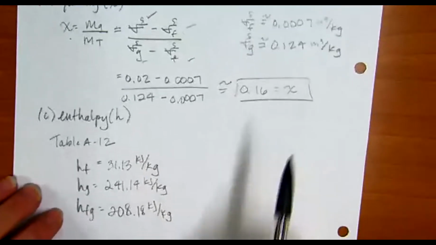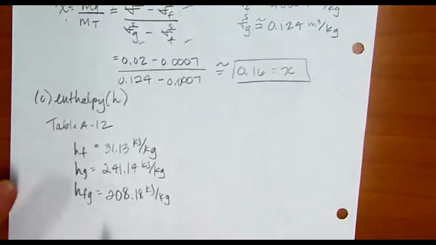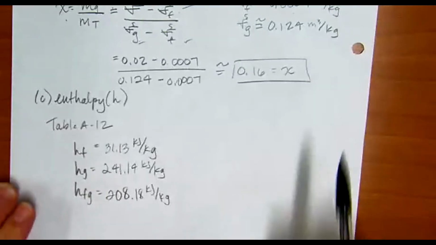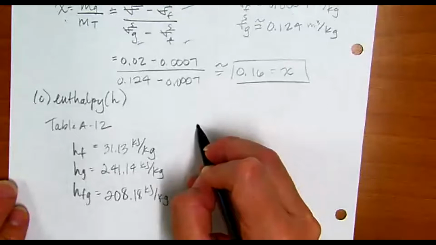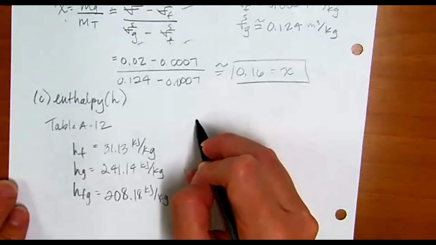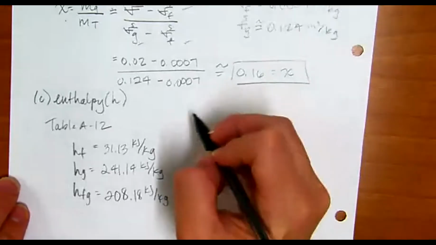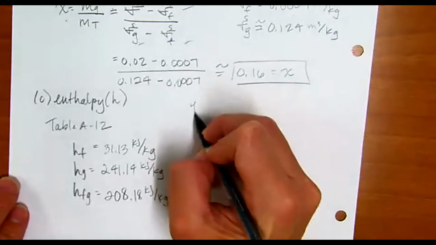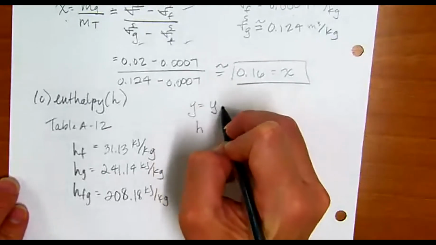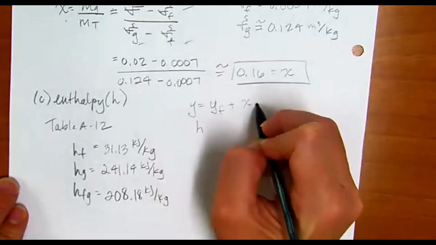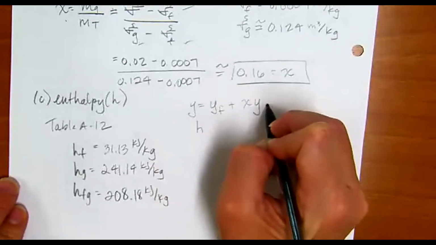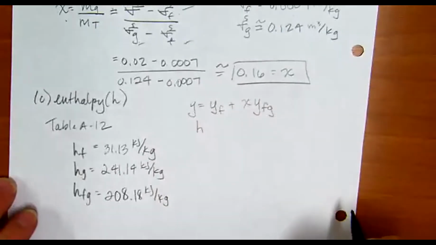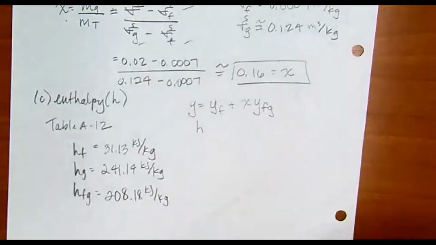All right, well, so now we have these values. How are we going to get the enthalpy of our system? So here's where we're using that generic equation, y equals y sub f plus x y sub fg.